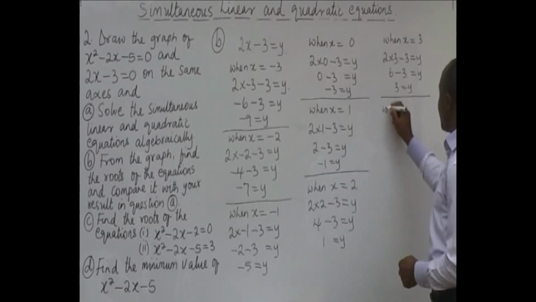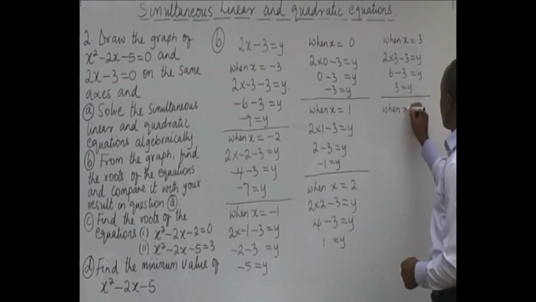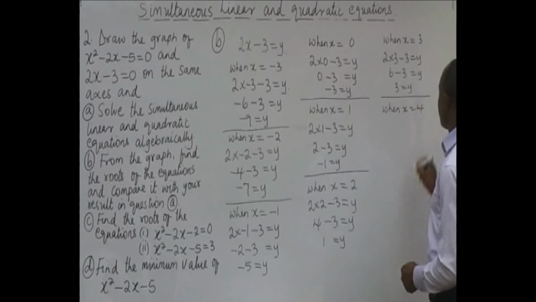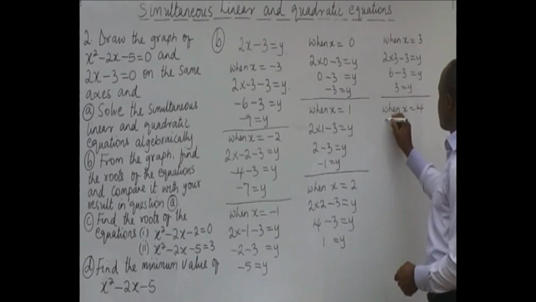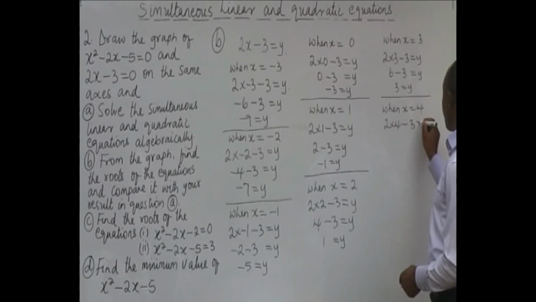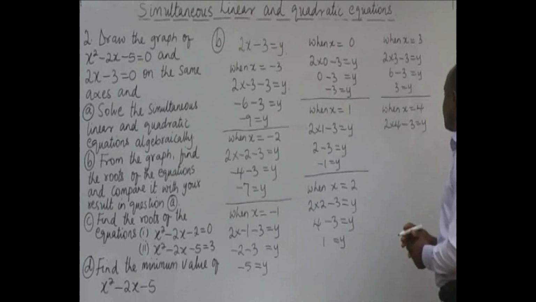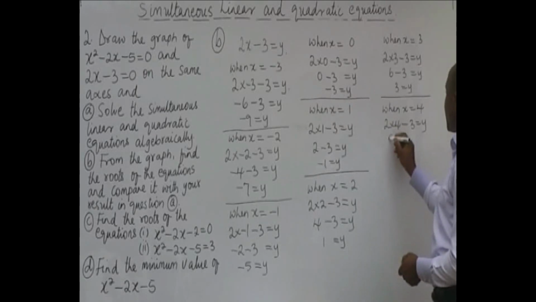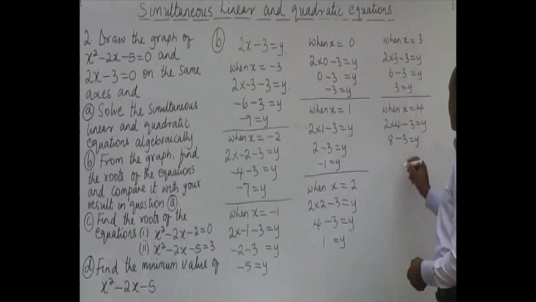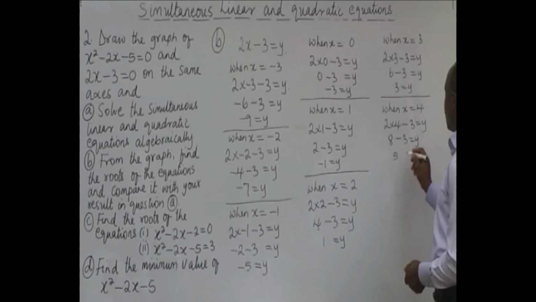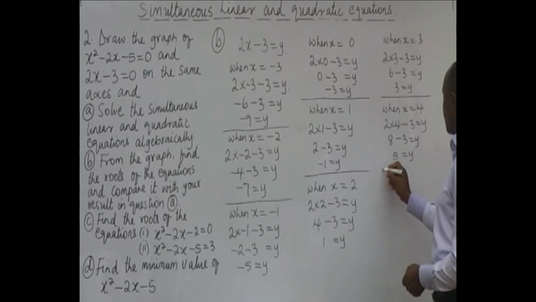The next is when x is 4. 2x becomes 2 times 4 minus 3 is the value of y. 2 times 4 is 8 minus 3 is y. That means 5, which is 8 minus 3, is the value of y here.